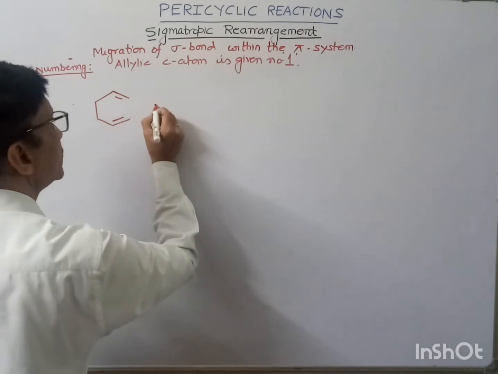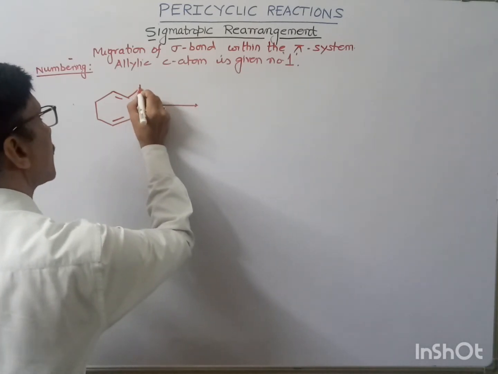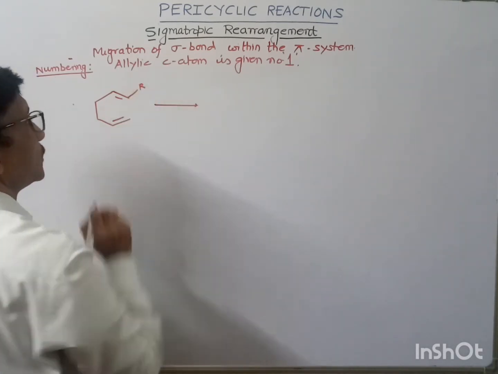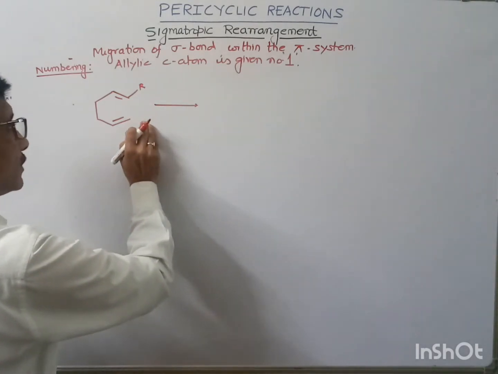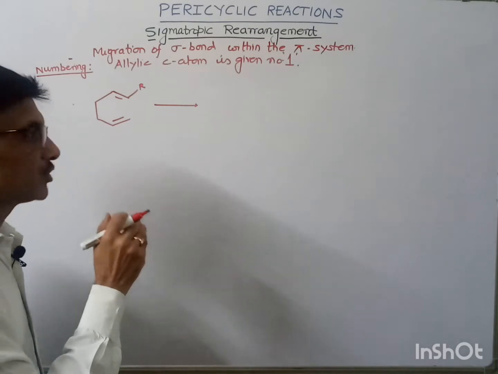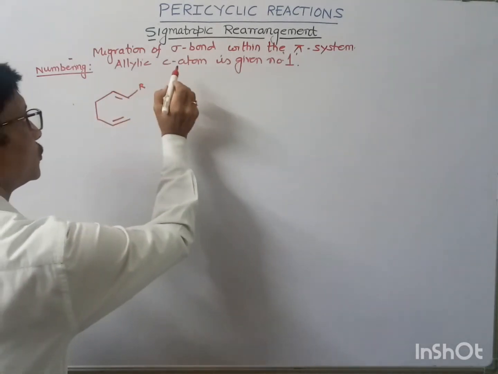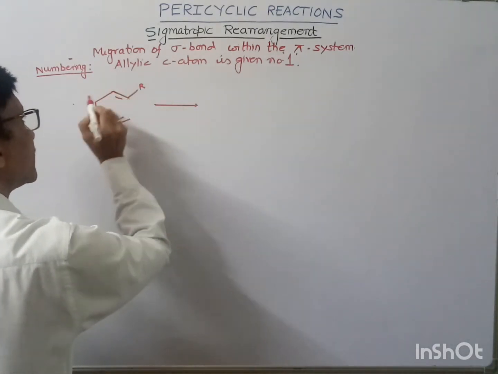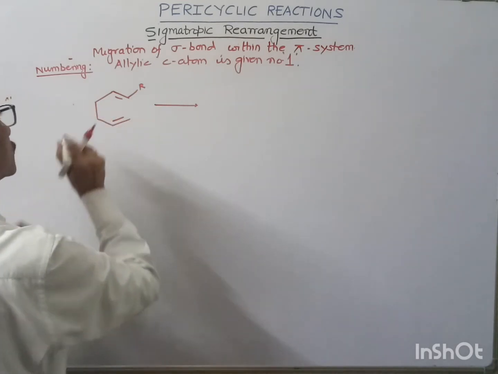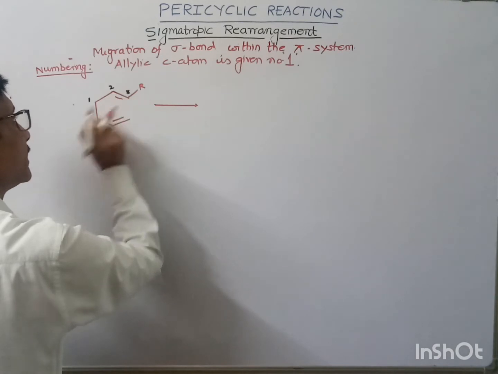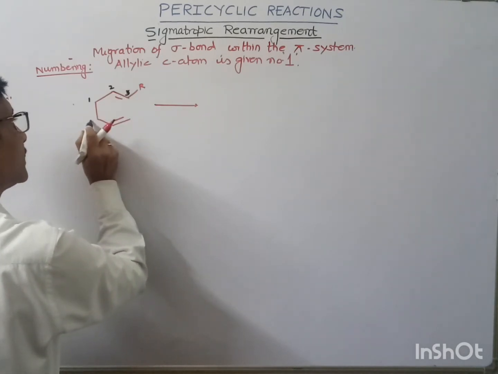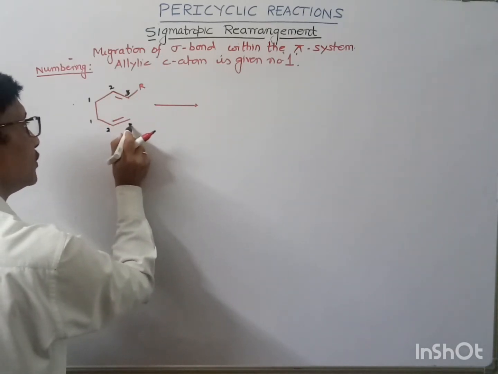Now, in this reaction, first of all, before migration, you should number this, and the allylic carbon is given number 1, this is allylic carbon, second and third. In the same way, this is also allylic carbon, 1, 2, 3.